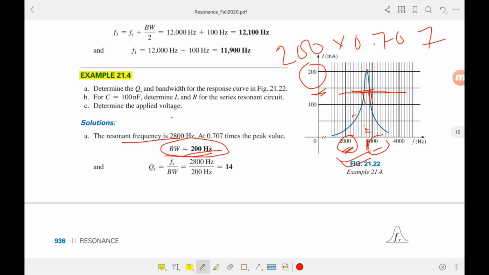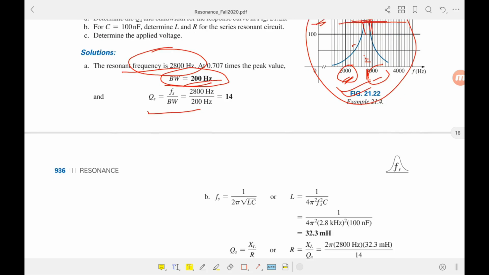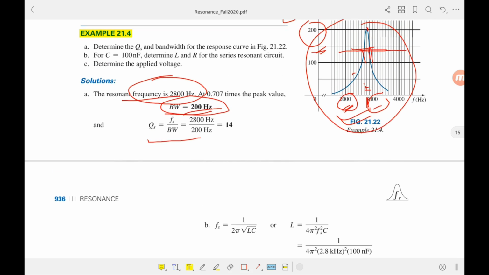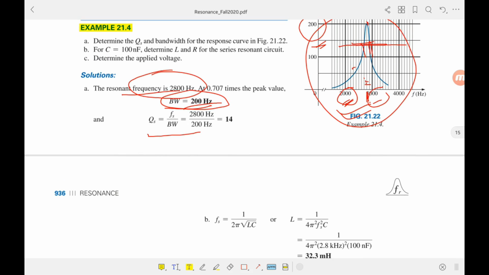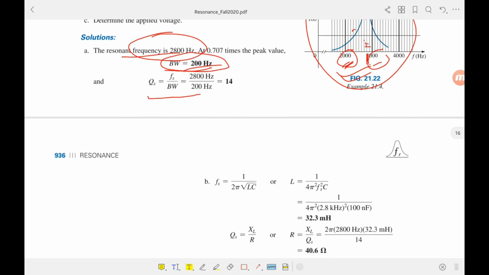So bandwidth and frequency, both of these parameters are found from this graph, and then we can calculate the quality factor equal to Fs over bandwidth. And then question number B: for C equal to 100 nanofarad, determine L and R for the series resonant circuit. You already know that Fs equals 1 over 2 pi root LC.